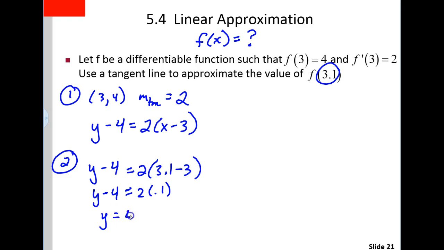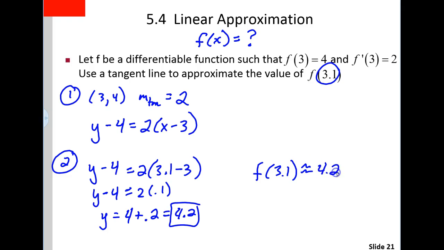So 4 plus 0.2, or 4.2, is our estimate of f of 3.1. So we write f of 3.1 is approximately 4.2. Now, we cannot find the actual value. This is the best that we can do. And so this would be the AP-like question.